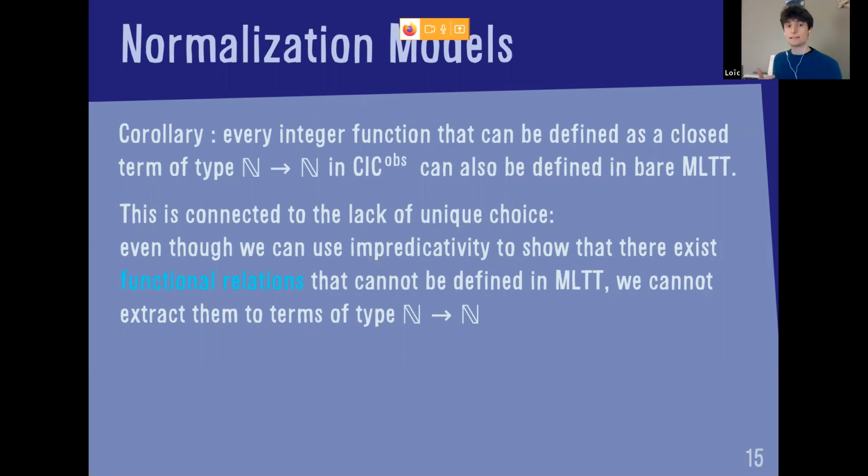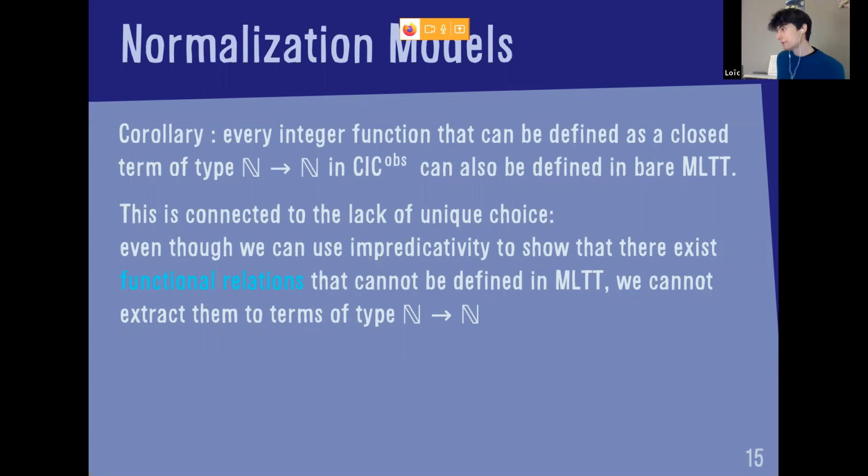And thus, this has the interesting corollary that every integer function that we can define as a closed term of type nat → nat in our observational calculus of constructions can also be defined in the much weaker Martin-Löf type theory. So we do not really get the full computational power of impredicativity. We only get the logical power of impredicativity.